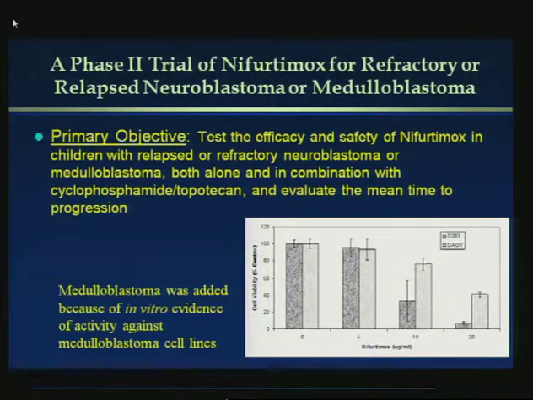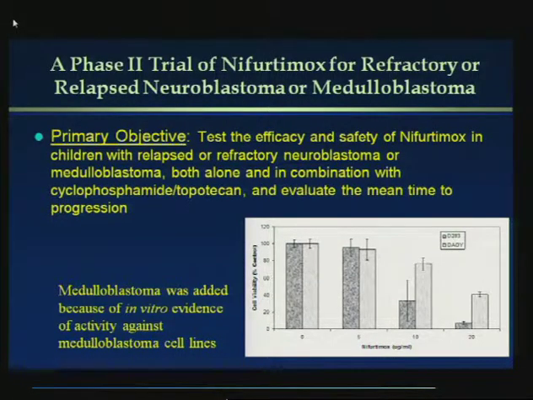With this data, we then devised a phase 2 trial, which would be a more formal evaluation of how active Nifurtimox was by itself and in combination. And in this trial, we also included patients with relapsed medulloblastoma, again, based on laboratory evidence that medulloblastoma responded to this drug.